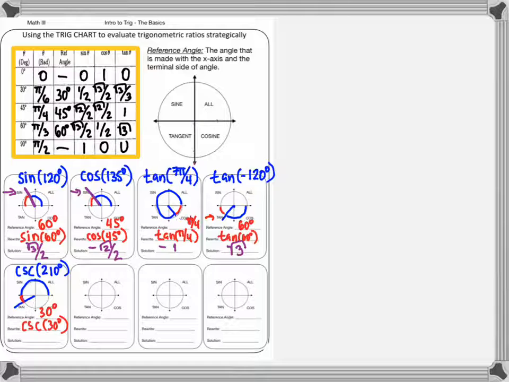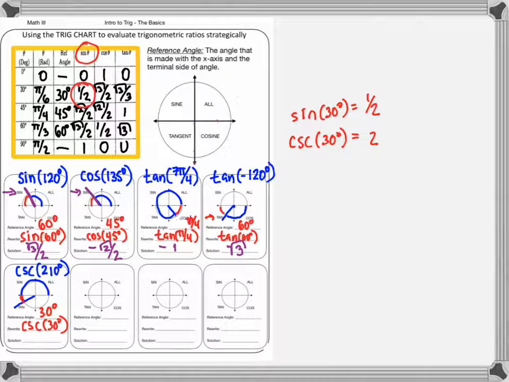Now we think about it: cosecant is the reciprocal function of sine, and we know that the sine of 30 degrees is going to be 1/2. I'm just going to write this off to the side. So I know that the sine of 30 degrees is 1/2, and so the reciprocal is going to be 2.